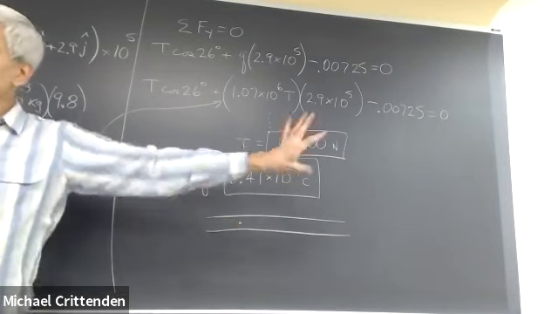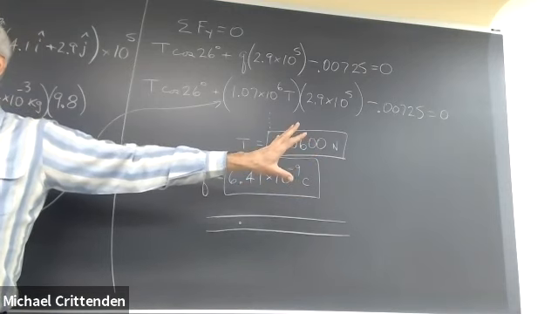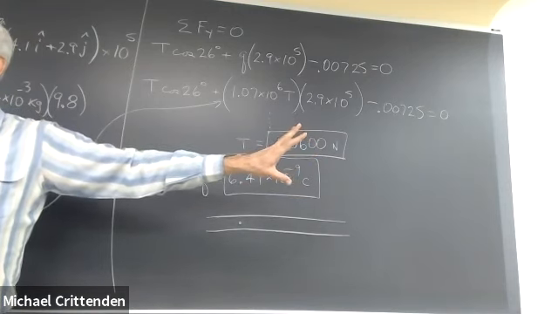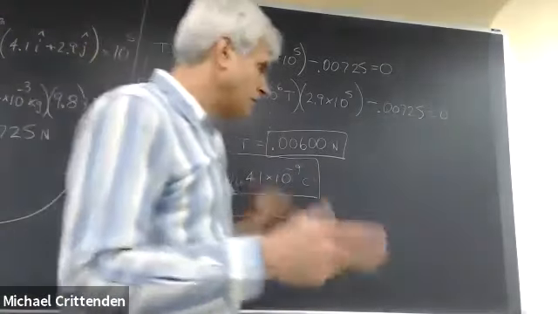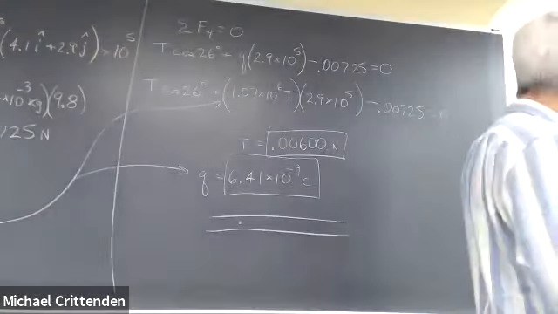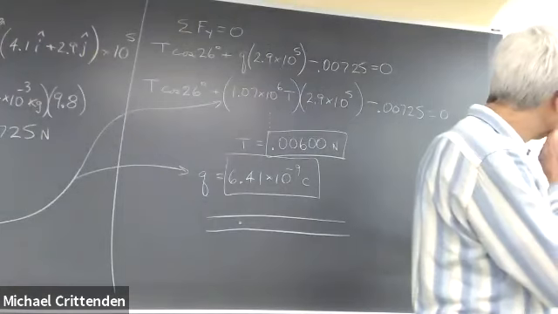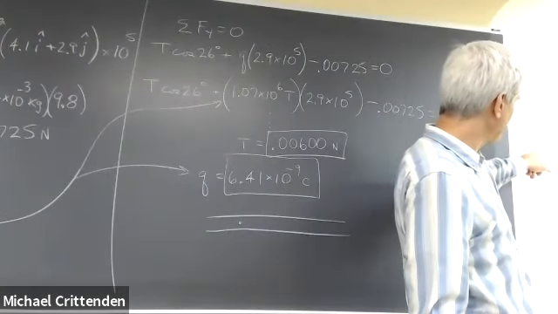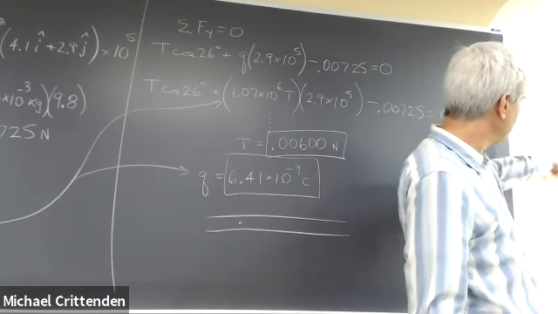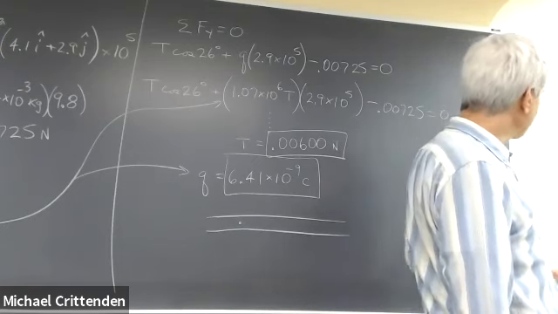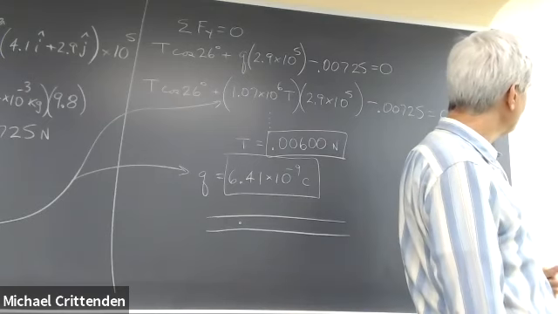Okay, if the edges are really far away, it makes the math easier just to say they're infinitely far away. And so as long as you're not close to the edges, it's a good approximation to reality. When you get near the edges of the plates, the field lines start to bow outward instead of being straight and evenly spaced like I've got them drawn there.